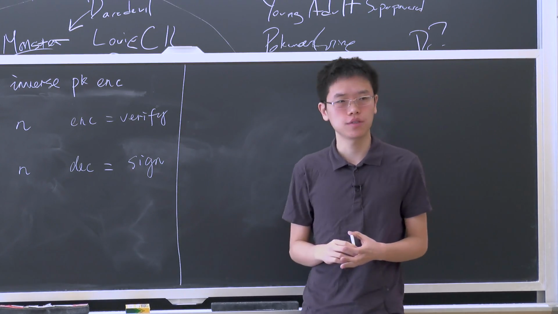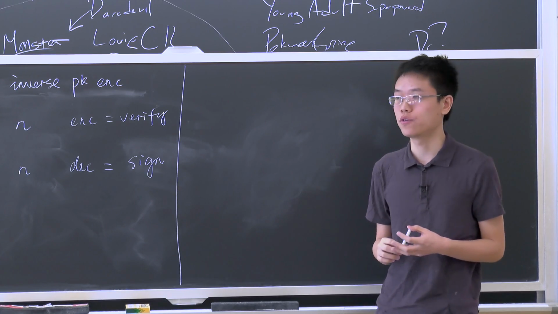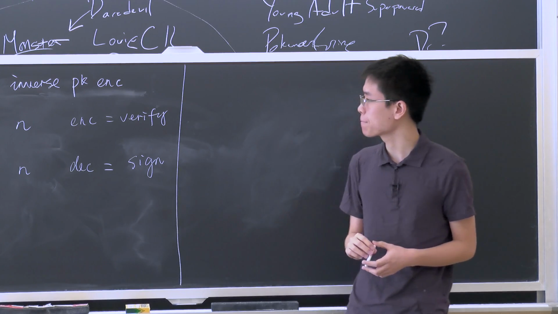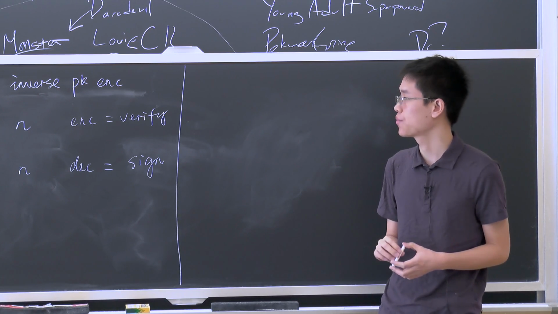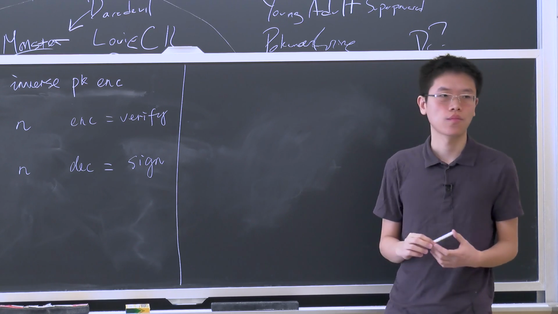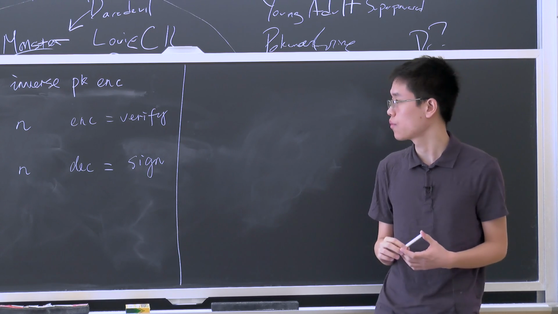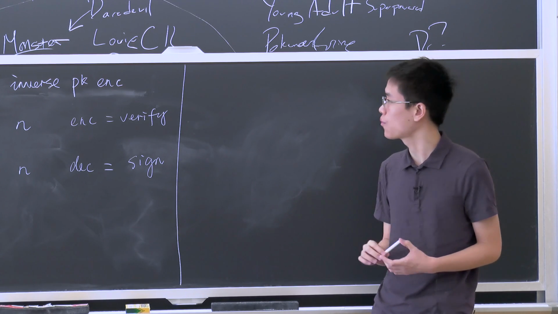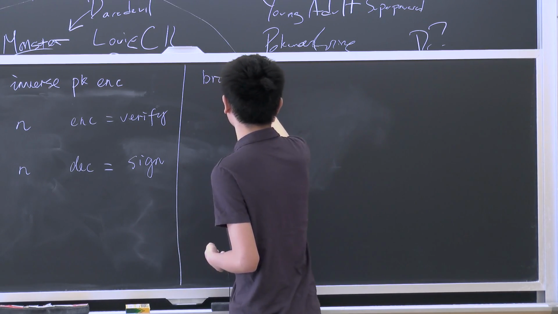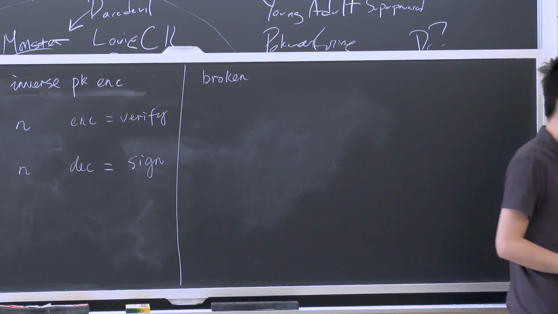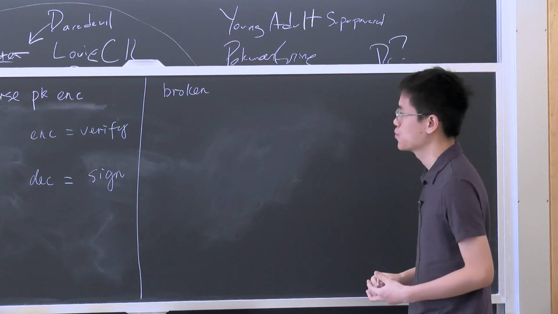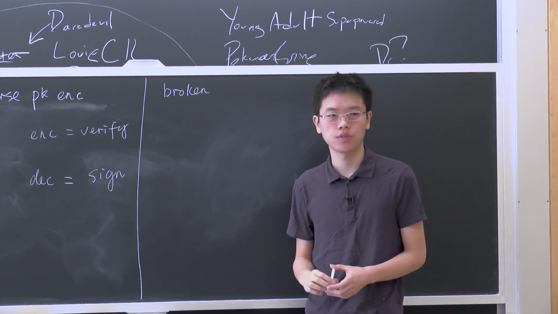You can see a bunch of messages and then output a forgery for a message you haven't seen before. So is the algorithm clear?